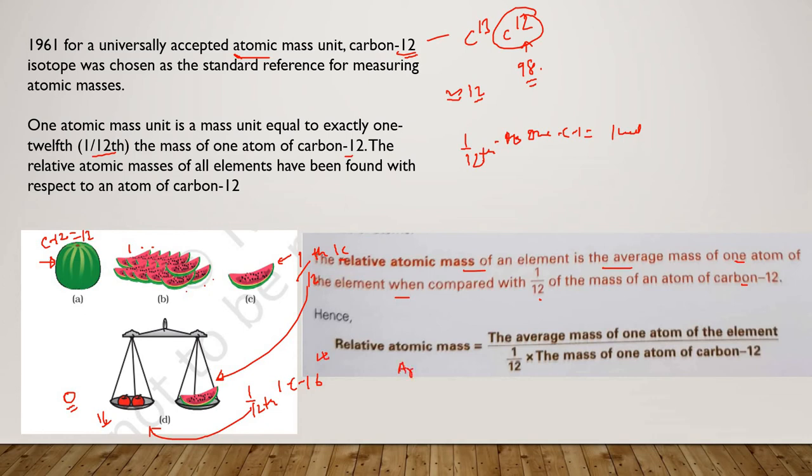We write it as Ar: the average mass of one atom of the element divided by 1/12 of the mass of one atom of carbon 12. So if I say that Mg is 24, it means magnesium is 24 times bigger in mass than 1/12 of the mass of one carbon atom. I hope you understood.